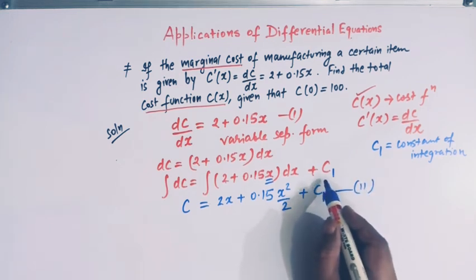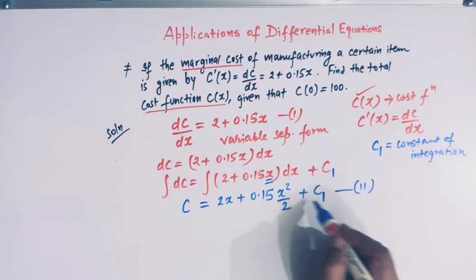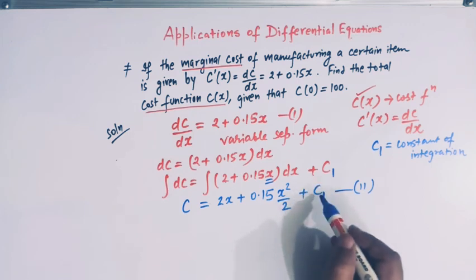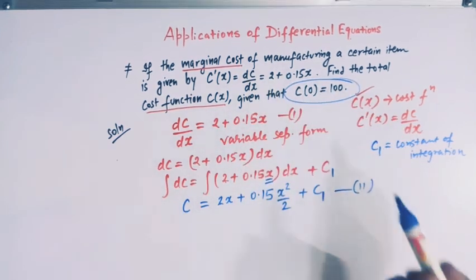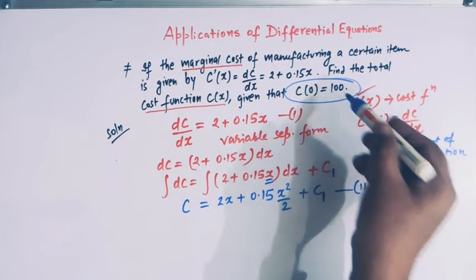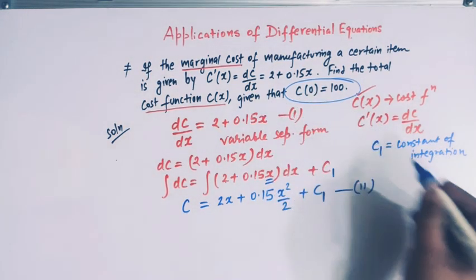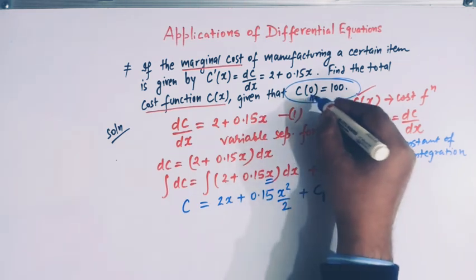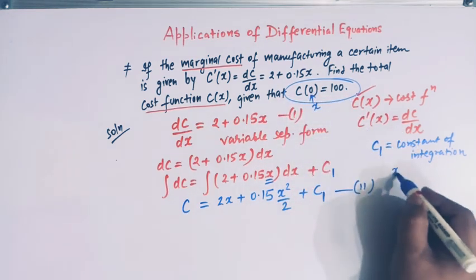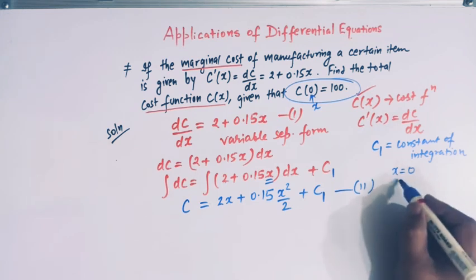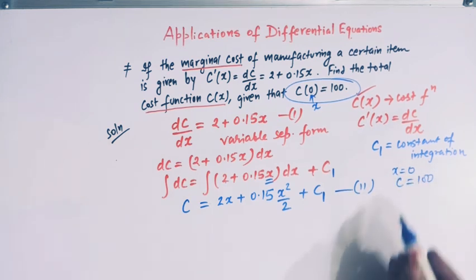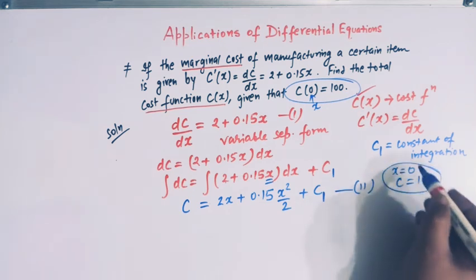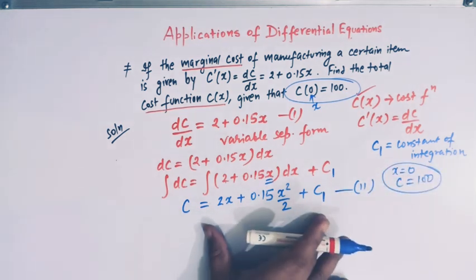Now here our aim is to find out this constant of integration by making use of this condition, right? So c of 0 is equal to 100. It means when x is 0, the value of c is 100, right? So let us substitute these values in equation number 2.